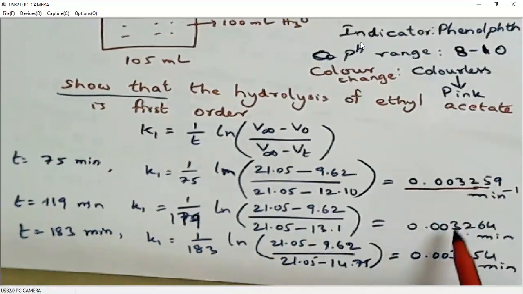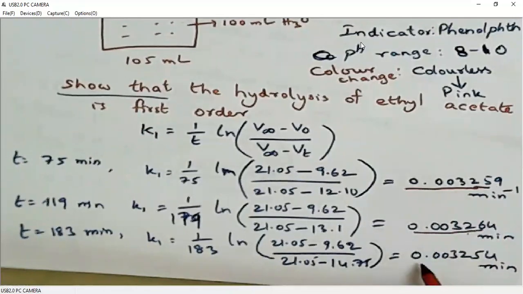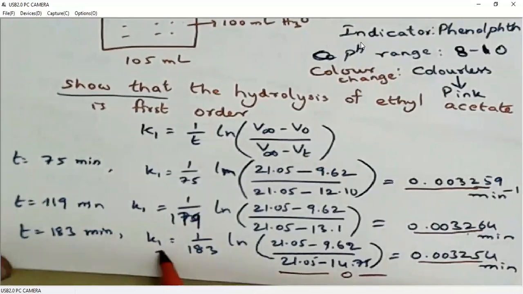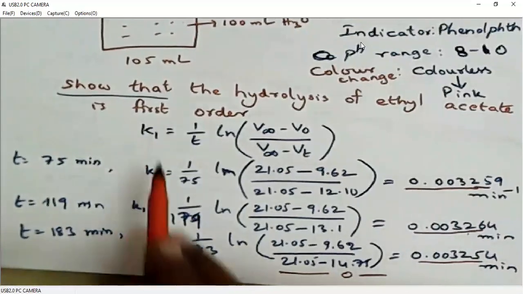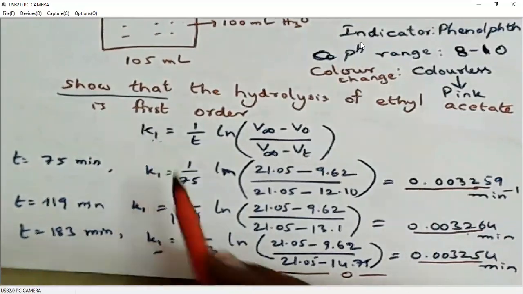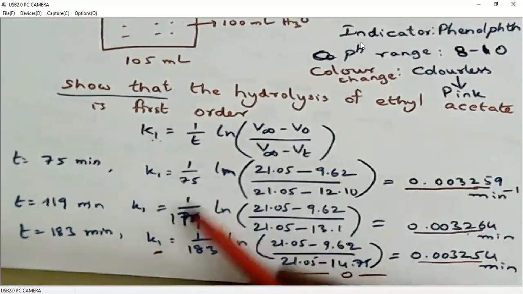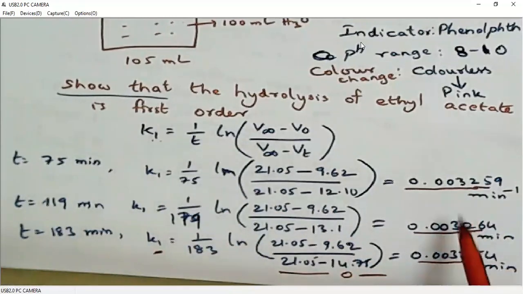0.00326, 0.00326, 0.00326, something like that. So if the rate constant is constant for any set of values, then we can say it is the first order rate equation, because we are using the first order rate expression, and when we calculate the rate constant at different times, we are getting the same value.